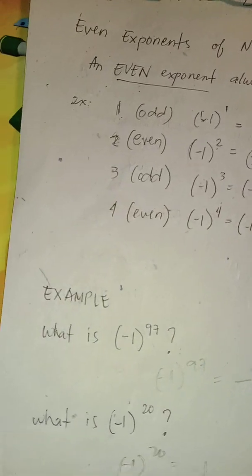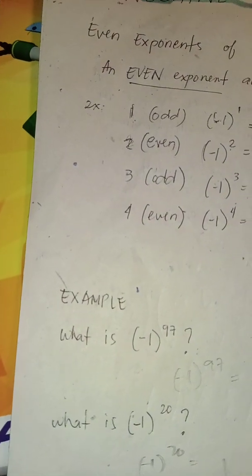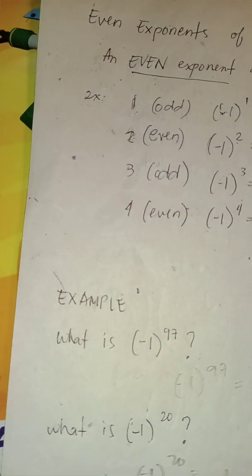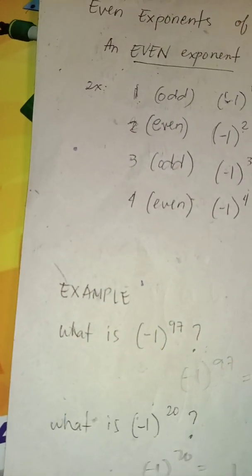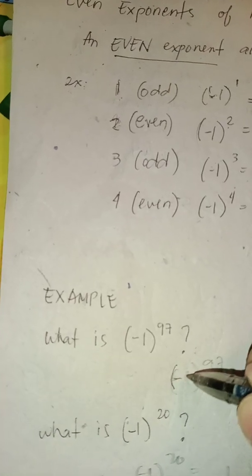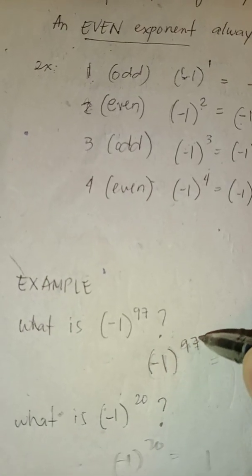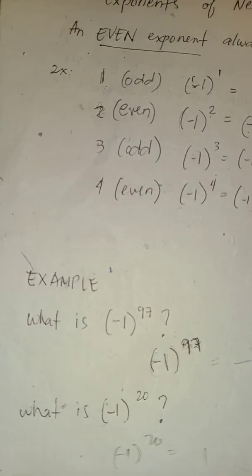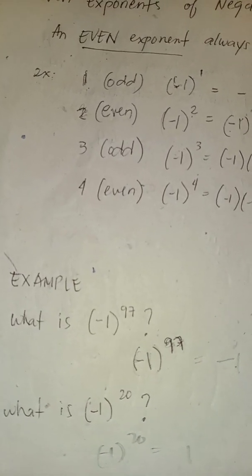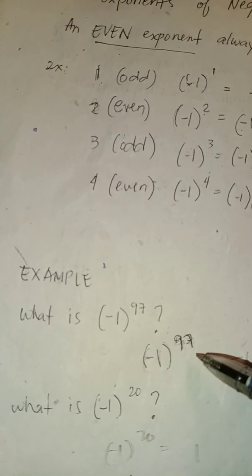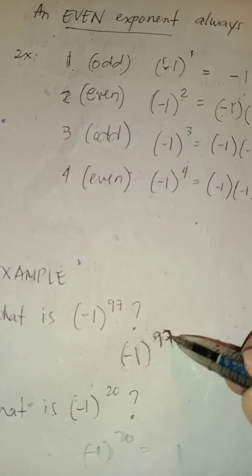For example, ito. What is negative 1 raised to the power of 97? Tandaan mo lang, no? Negative 1 raised to the power of 97. 97, ano ba yung 97? Odd or even? Odd number, kasi yung last digit niya is 7.